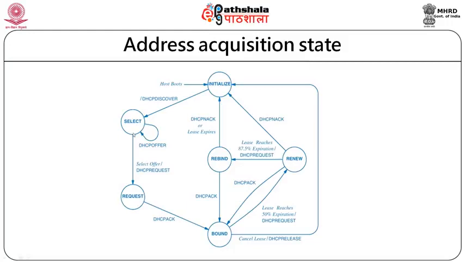Once you choose which server you have to use, it will go to the DHCP offer. So now I got an IP address, and I have to see the IP address availability. Now the server will send a DHCP offer message to the client machine.